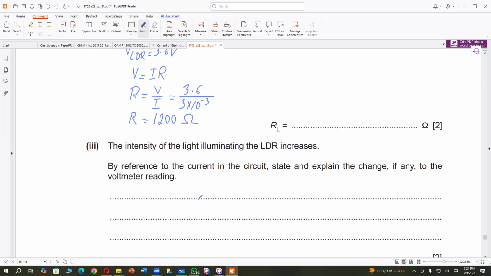The intensity of the light illuminating the LDR increases. State and explain the change, if any, to the voltmeter reading.